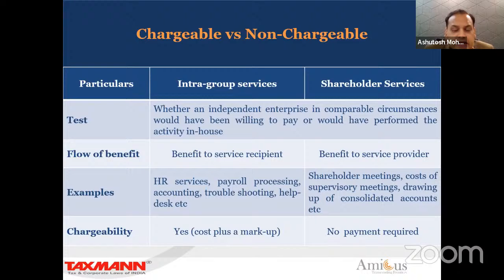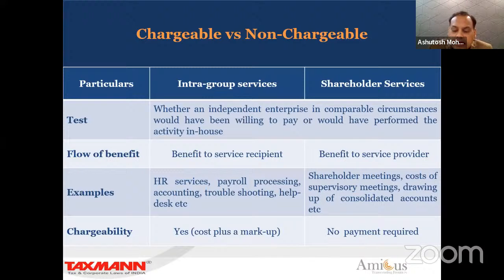The idea is that the parent is performing these services for its subsidiary in its capacity as a shareholder. It in any case had to do these services, and the direct benefit from these services is being received by the shareholder itself, which is the parent company. And therefore, no extra charge or monetary charge per se is justified for this, right?